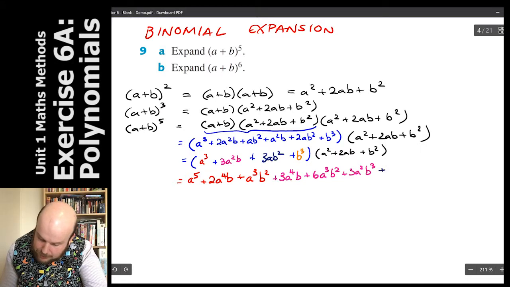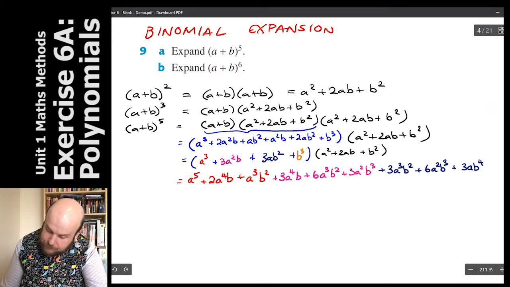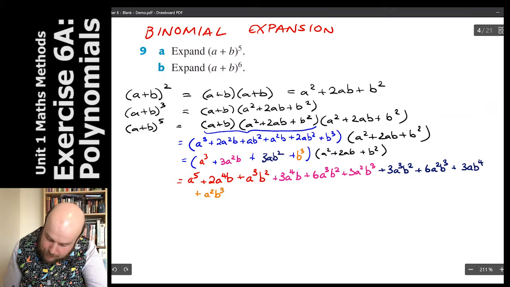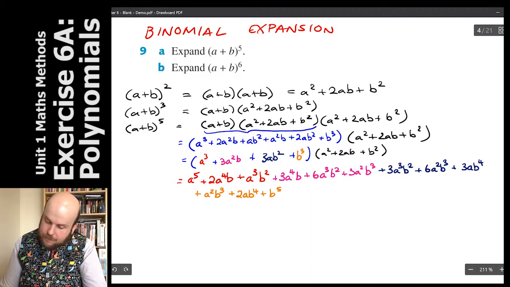And this is going to be plus 3a cubed b squared plus 6a squared b cubed plus 3ab to the power of 4. And then a squared b cubed plus 2ab to the power of 4 plus b to the power of 5.